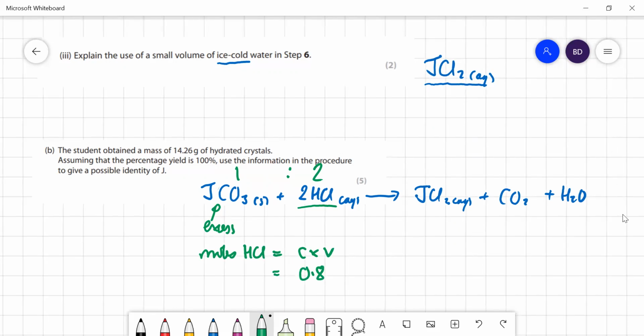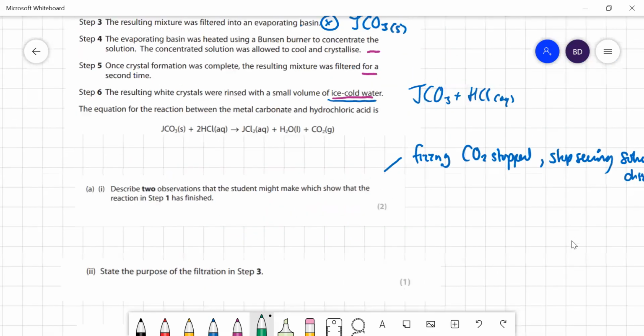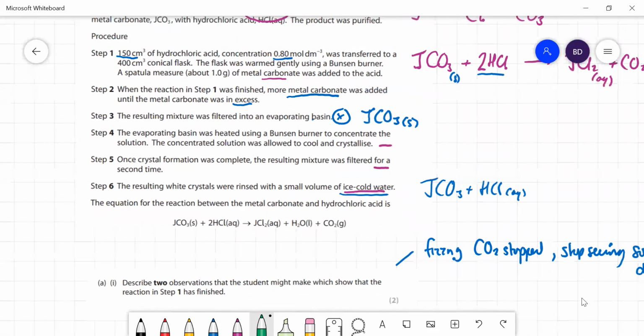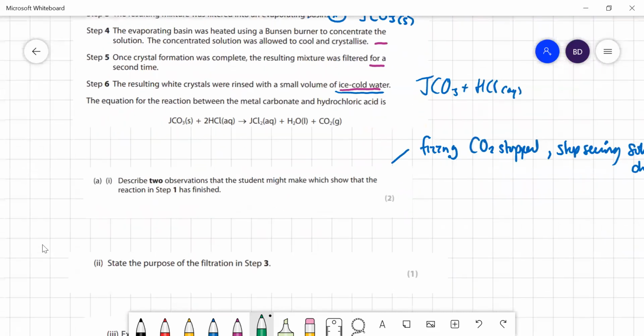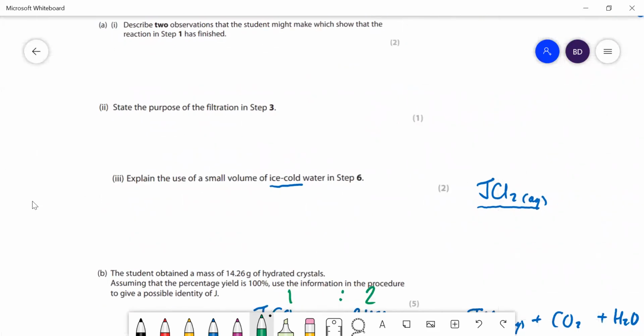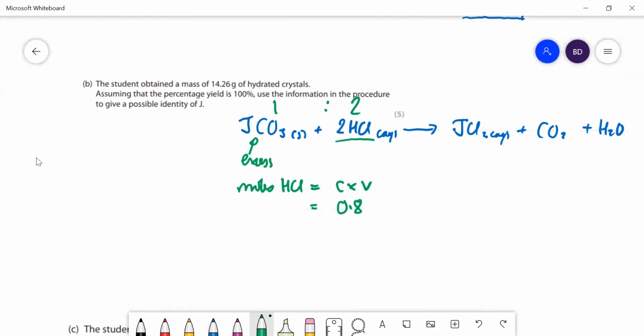Yeah, we've got 0.8 mole per decimeter cubed, and we added 150 of that acid. And that's the limiting reagent. So 0.8 multiplied by the volume, 150 over 1,000, the volume in dm cubed, and that gives us a value of 0.12 moles of HCl.